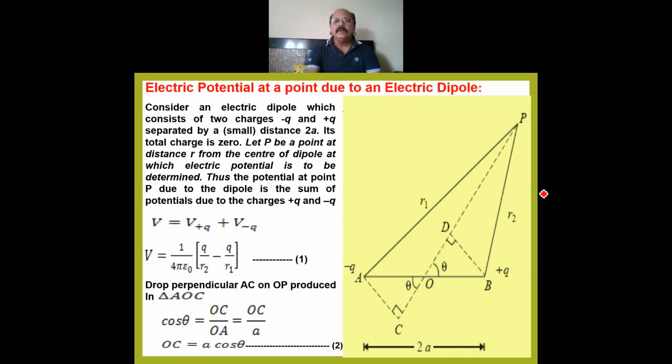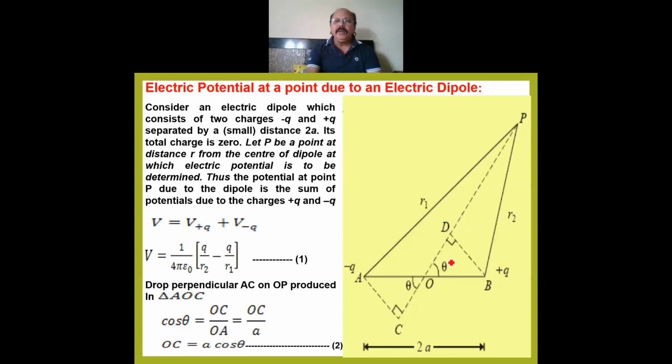But here the point P which we have taken is neither on the axial line nor on the equatorial line. So first we have to calculate a general expression for electric potential at a point P due to an electric dipole.